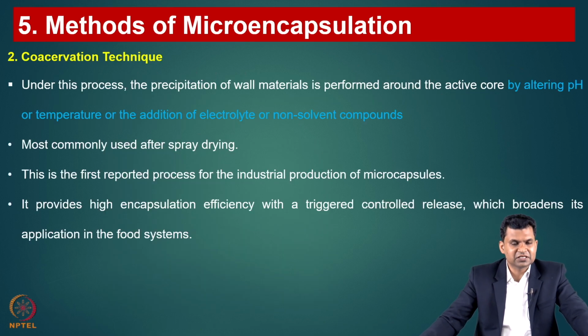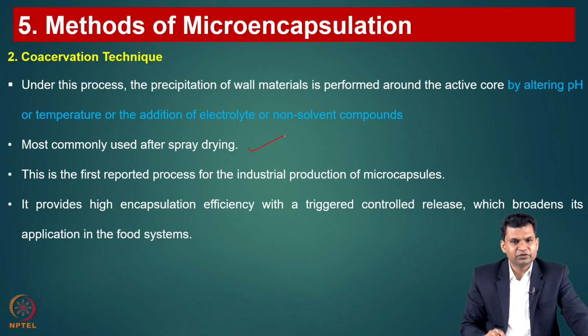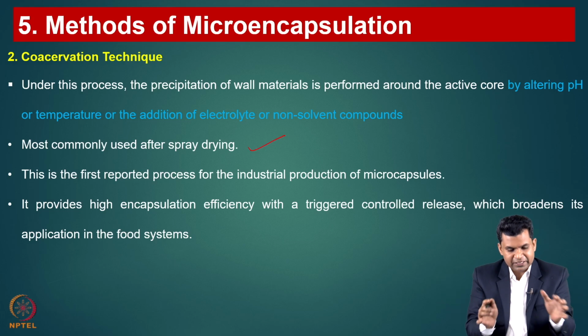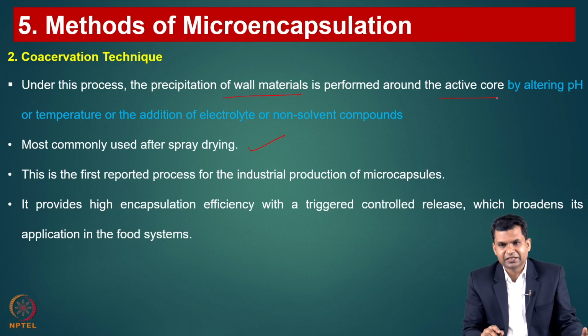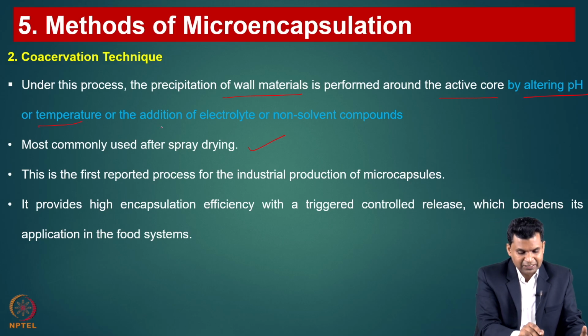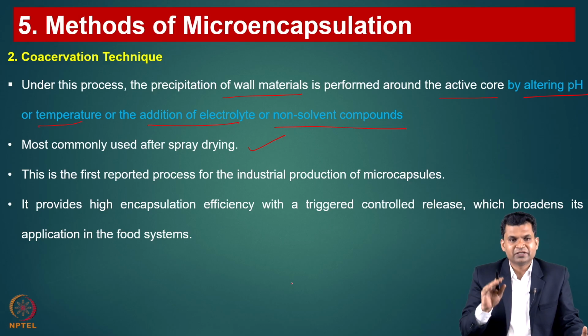Coacervation technique is also one of the most commonly used techniques after spray drying. Here what we do, we precipitate our wall material with the active ingredient by altering the pH, the temperature, and by the addition of electrolytes and non-solvent systems. By these 4 principles, we can make coacervation.